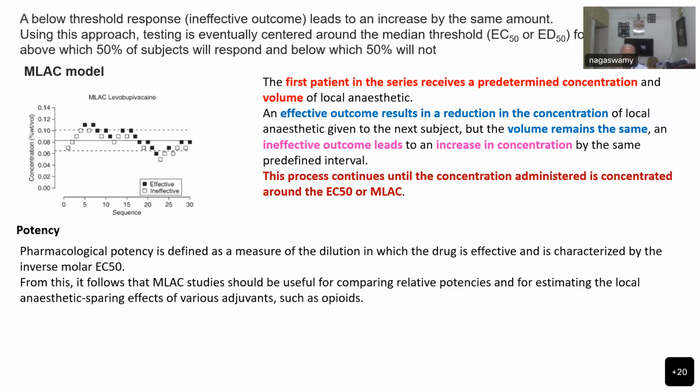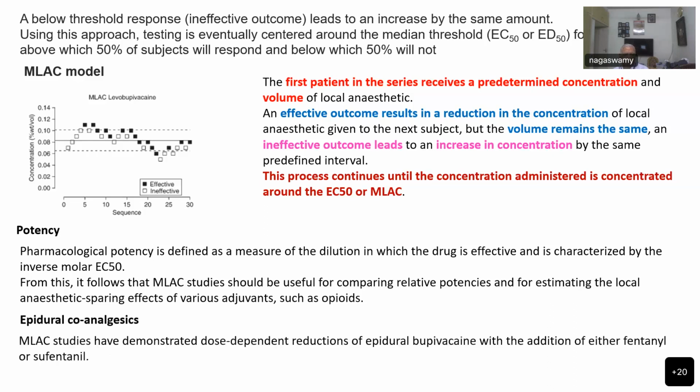Both will make up a volume of 2 cc, and that is as good as giving straight away 2 ml of 0.5% heavy bupivacaine, which is likely to cause more hypotension than this combination. So the sparing effect is also there. That also can be studied in this.